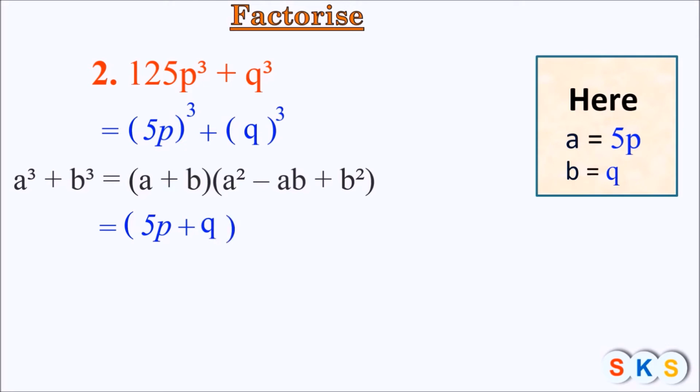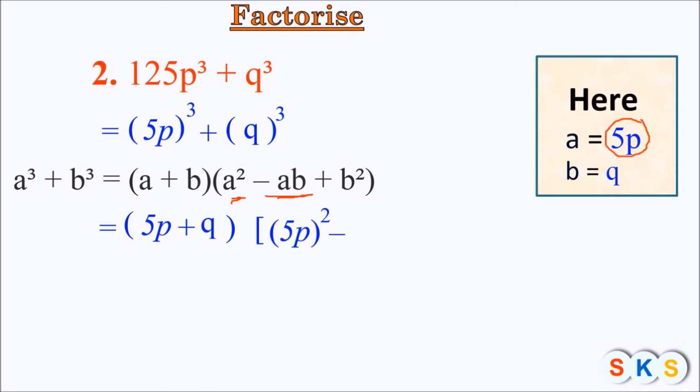Close the bracket. Okay, now we will substitute the value of a and b in the second bracket, and you can look at the first term of the second bracket is a square, and what is the value of a? You can see in the box it is 5p. So we will get here 5p the whole square minus, what is second term over here? It is ab. ab means a into b, and what is the value of a? 5p.